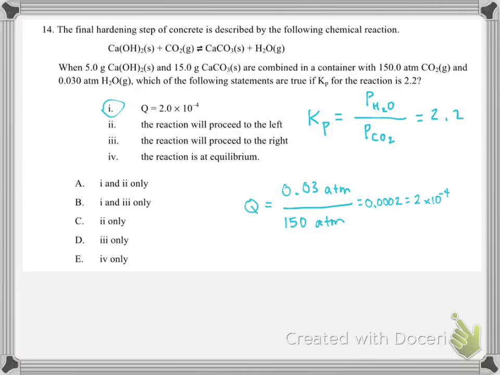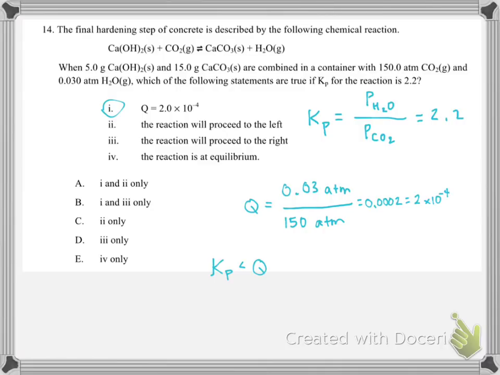Okay, so then they ask, will the reaction proceed to the left or to the right? So let's compare our Q to the KEQ. We can see from these numbers that the Kp of 2.2 is indeed quite a bit larger than the Q of 2 times 10 to the minus 4th.